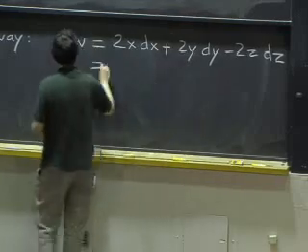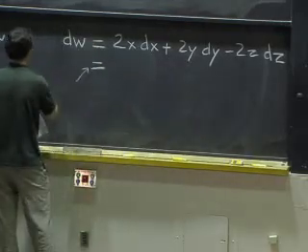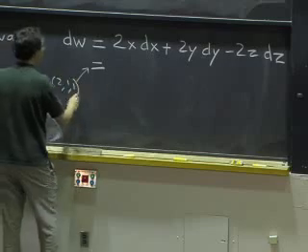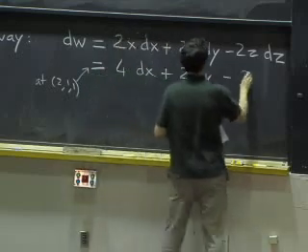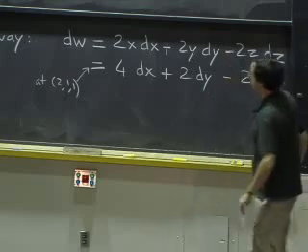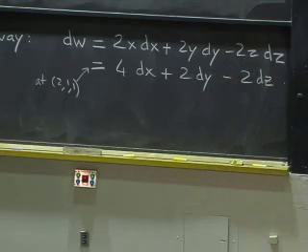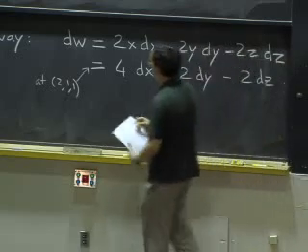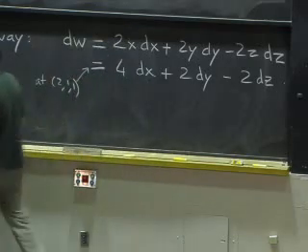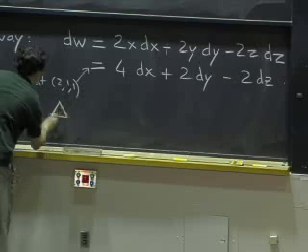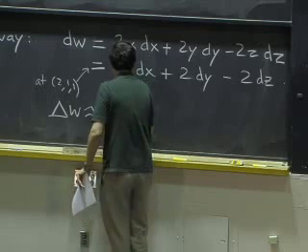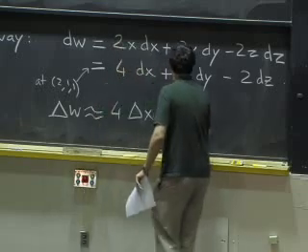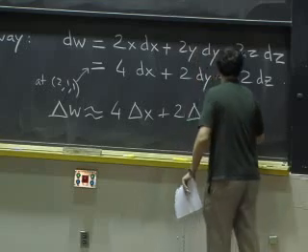So at the given point (2, 1, 1), this is 4 dx plus 2 dy minus 2 dz. Now, if we want to change this into an approximation formula, we can. The change in w is approximately equal to 4 delta x plus 2 delta y minus 2 delta z.